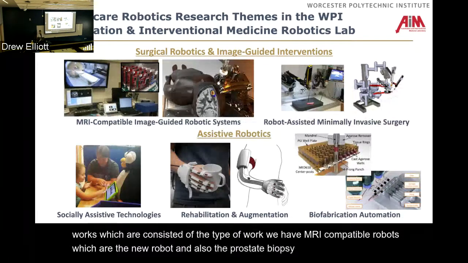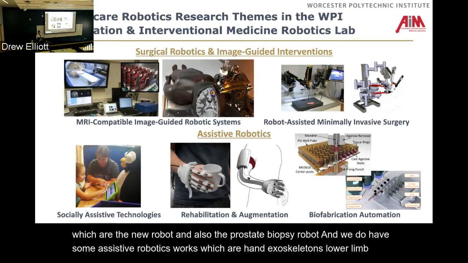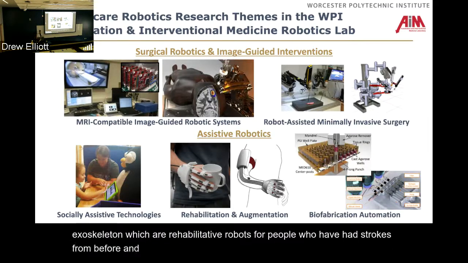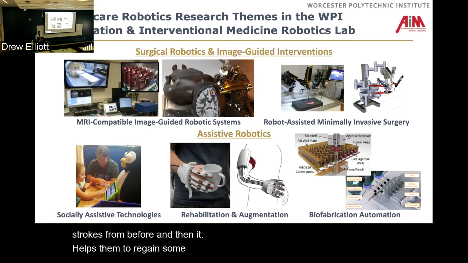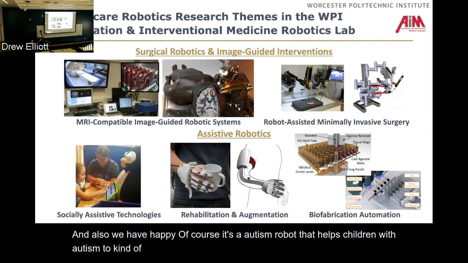And we have some assistive robotics works, which are hand exoskeleton and lower limb exoskeleton, which are rehabilitative robots, where people who have had strokes before can regain some mobility. And also we have PAVI, of course, which is an autism robot. Children with autism can learn better by interacting with a robotic type of toy.